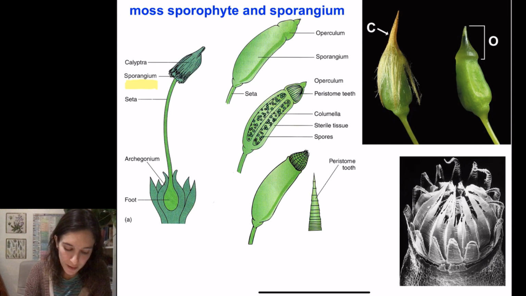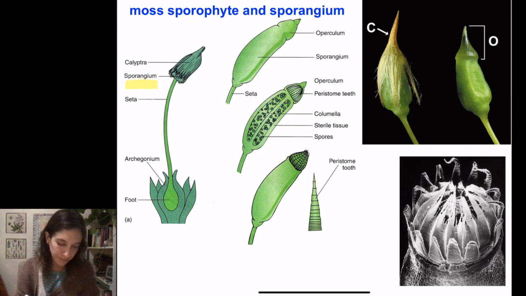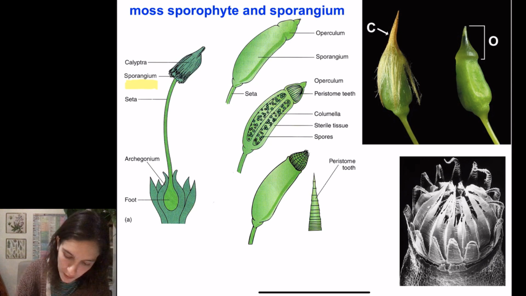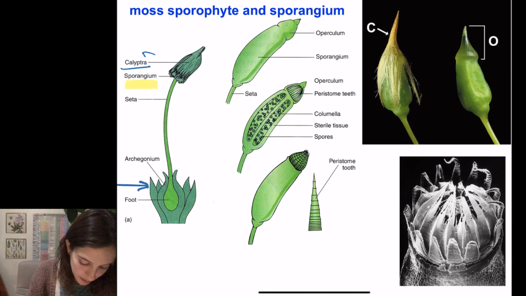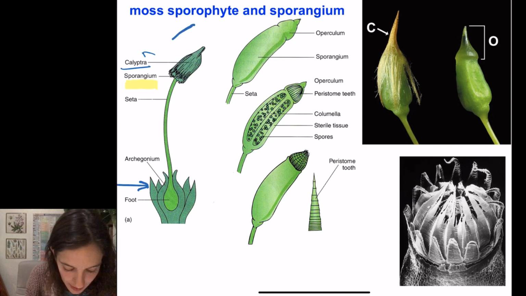Okay, well, this is the multiple stages of what a capsule will go through. And I'm going to use the words capsule and sporangium interchangeably here. That's okay. Okay, so again, we've got that calyptra. The calyptra is haploid, and it's literally derived from that gametophyte tissue down there. And then that falls off.